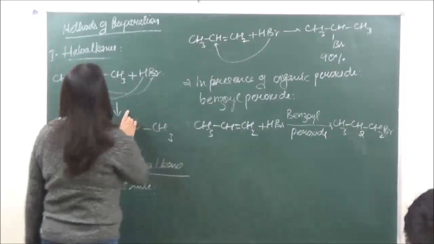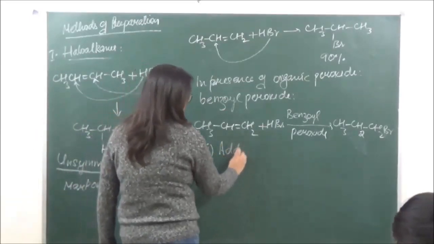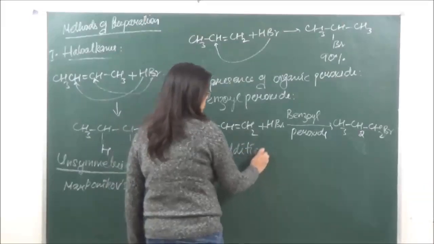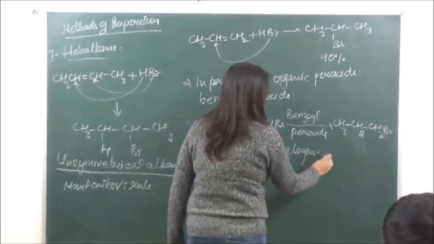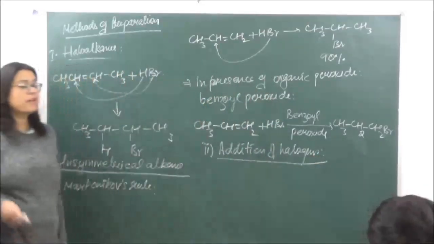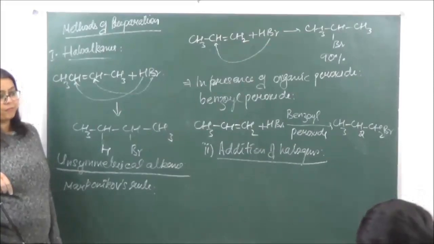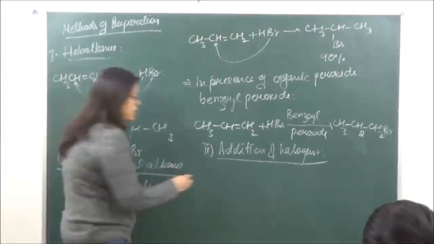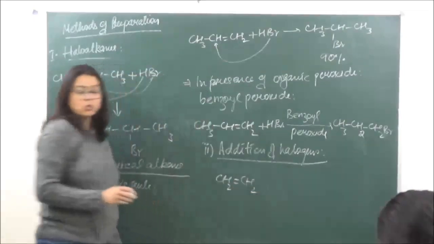Next जो हमारी reaction इसमें आती है, that is addition of halogens. So this is the first one which we have done. The addition of halogen is going to give us a dihalogen derivative. Okay, so we have over here CH2 double bond CH2.